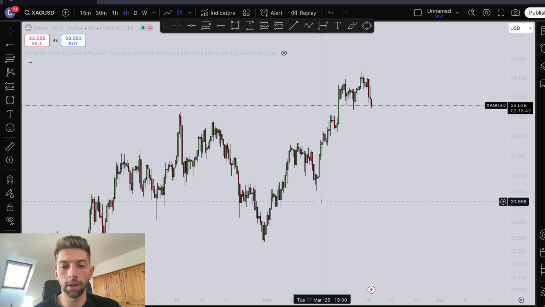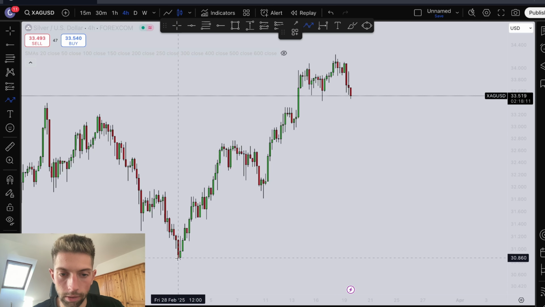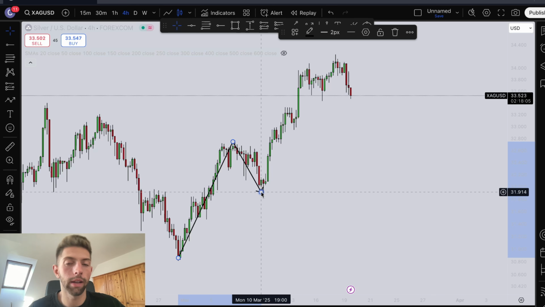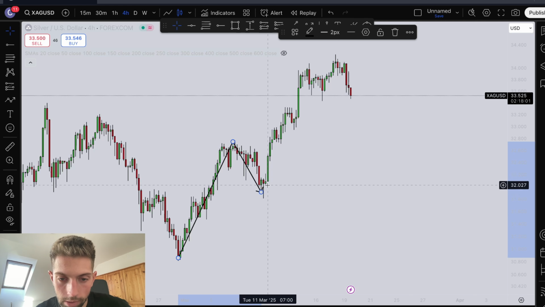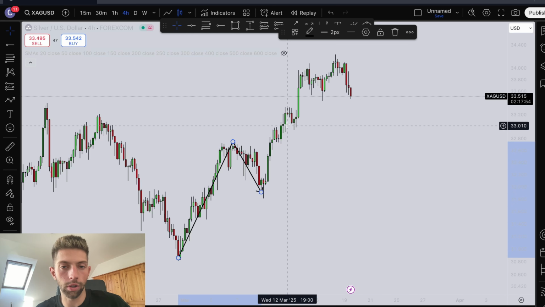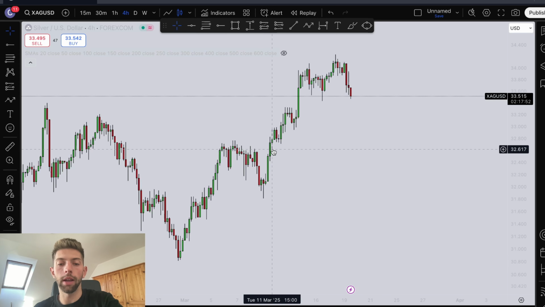Now let's talk about silver. On silver, I applied the exact same thing as gold. I identified that the market is trading up on H4. So again, I want to buy at a higher low point, either this H4 higher low point or at the higher low points which the lower time frame structure is going to make.